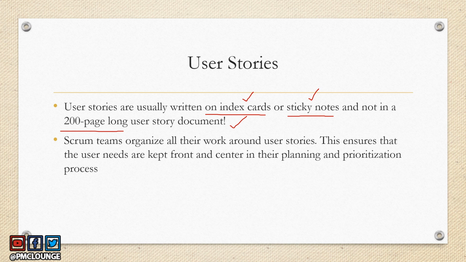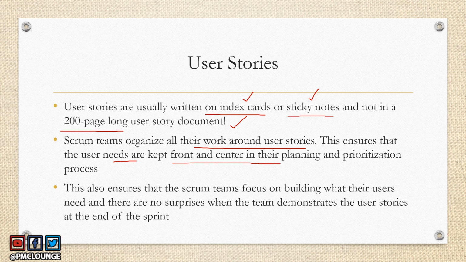Now, Scrum teams, when they have enough of these index cards and sticky notes, are going to organize all their work around user stories. This ensures that the user needs are kept front and center in their planning and prioritization process. So now, of course, they have a lot of user stories and they can plan and prioritize those user stories based on what they can deliver in the given time, right?